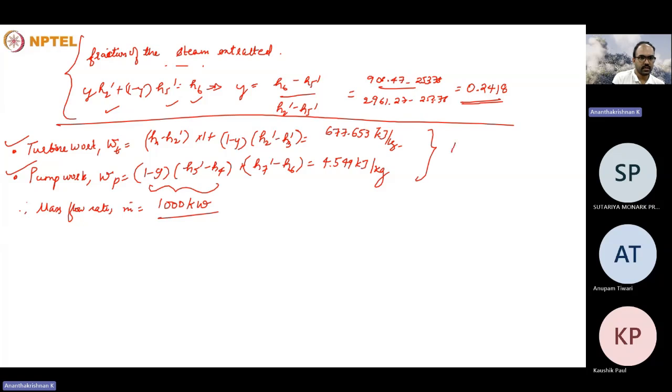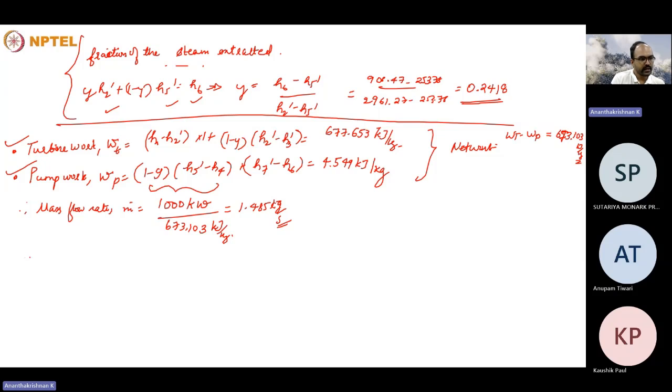So the network will be equal to turbine minus pump work. That will be equal to 673.103 kilojoule per kg. So this will give the value of the mass flow rate.